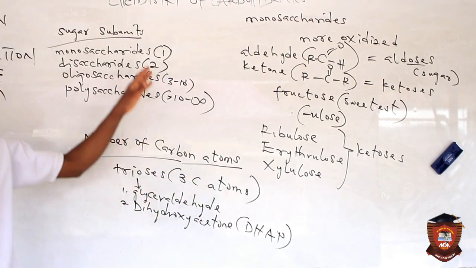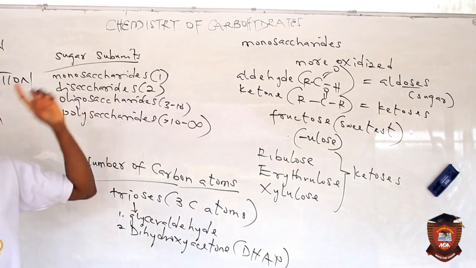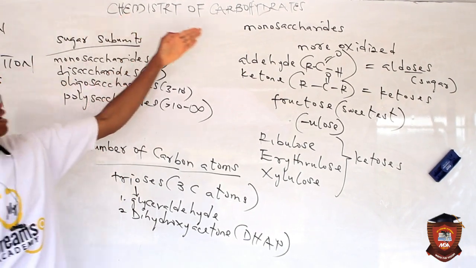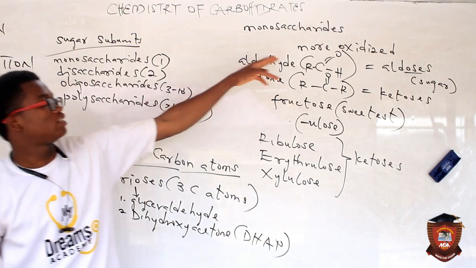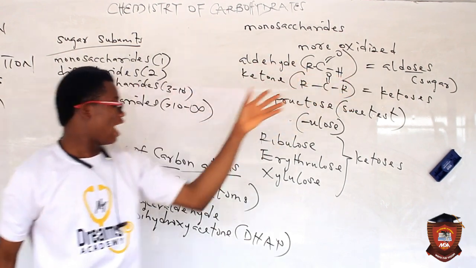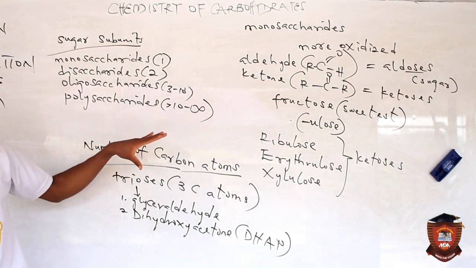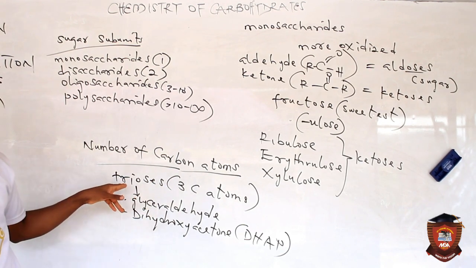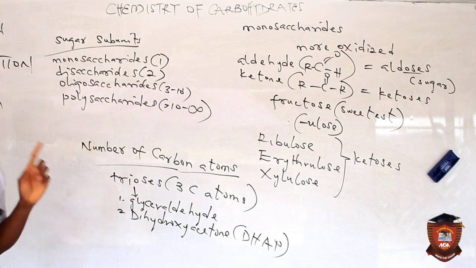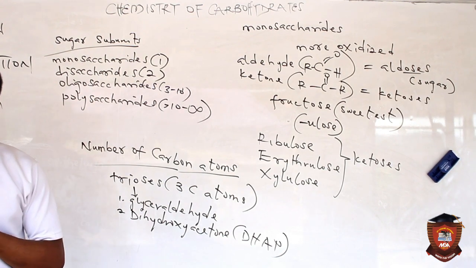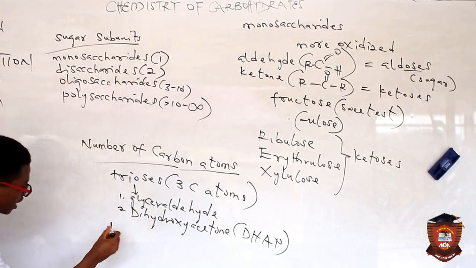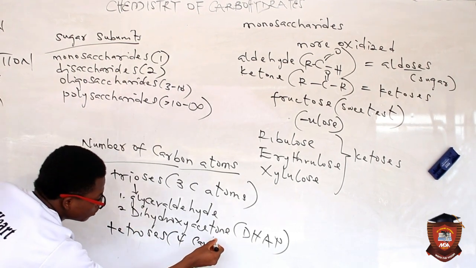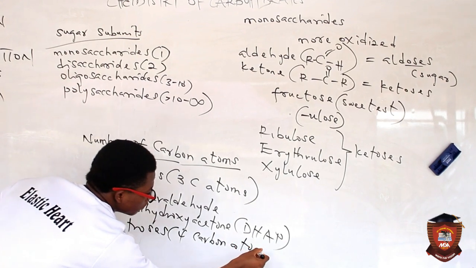And remember, we are still under monosaccharides, which have 1 sugar subunit, but that sugar subunit can either have an aldehyde or a ketone functional group, which gives rise to aldoses and ketoses, and it can also be classified based on the number of carbon atoms. So we have the trioses that have 3 carbon atoms. We also have the tetroses, even though they are not very important, and they have 4 carbon atoms.